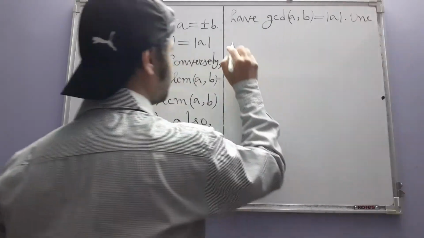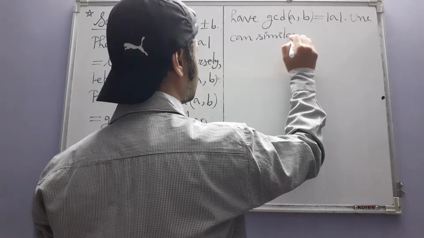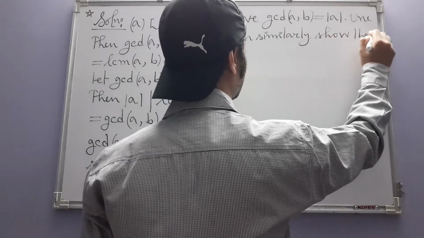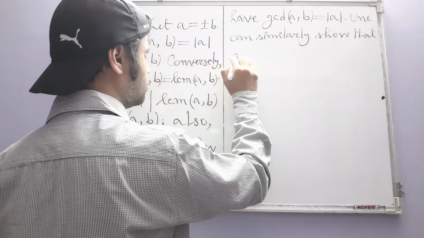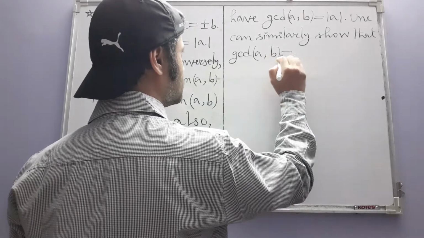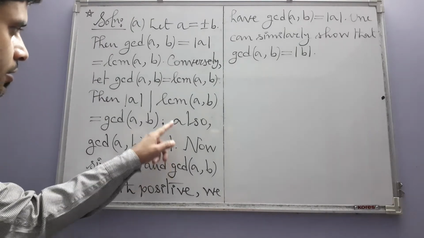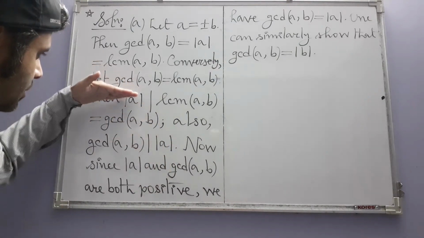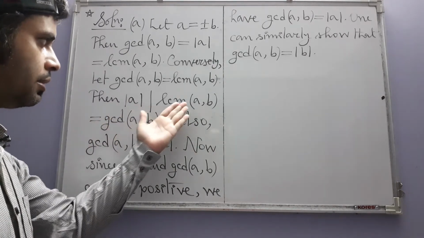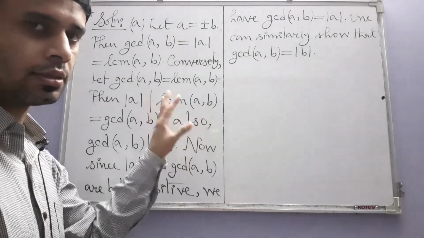One can similarly show that this is also equal to the absolute value of B. So whatever we did, starting from here, we clearly concentrated on A, but there is no distinction between A and B. One is not preferred to the other in this situation.